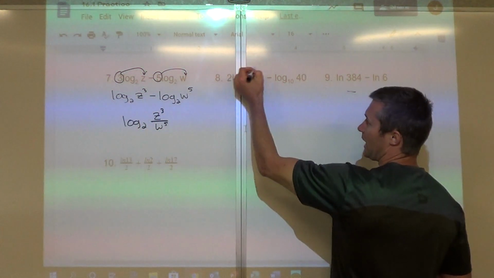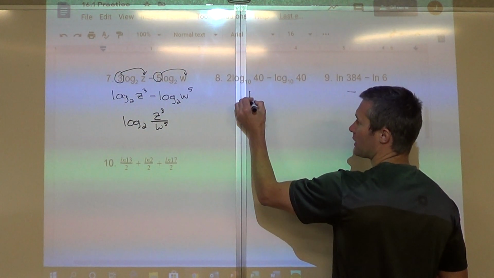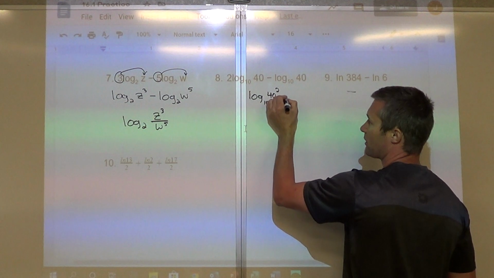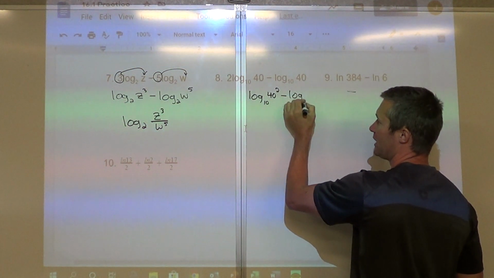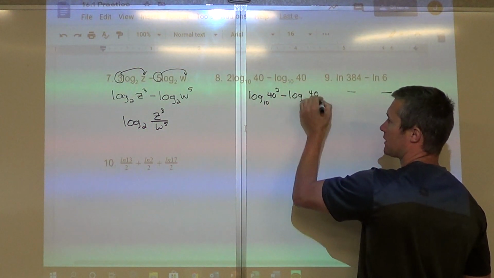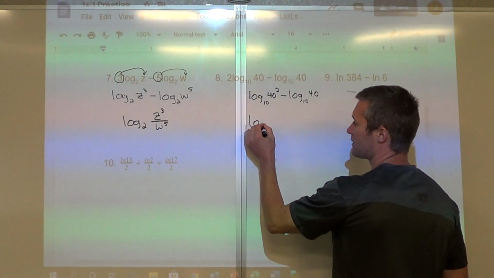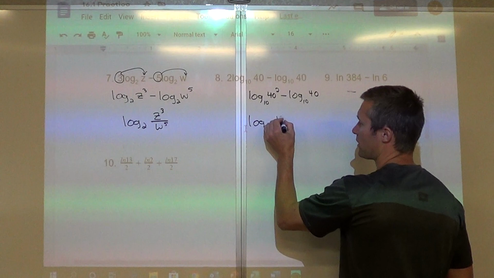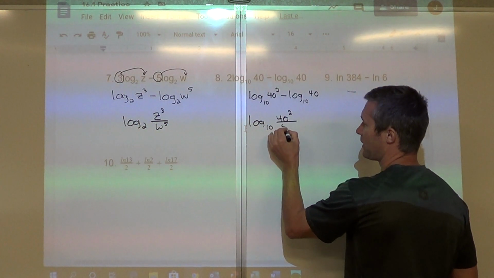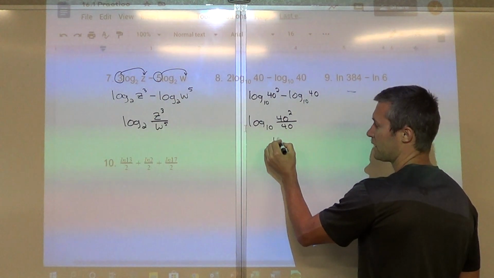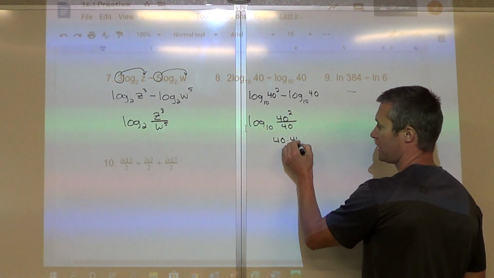Again, this becomes an exponent, so it would be log base 10 of 40 to the 2nd power minus log base 10 of 40. So when we subtract, then we're going to divide, so it would be log base 10 of 40 to the 2nd power divided by 40. So 40 to the 2nd power is 40 times 40.